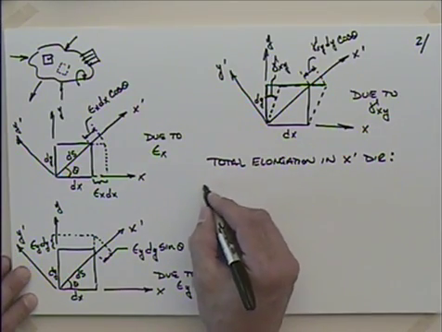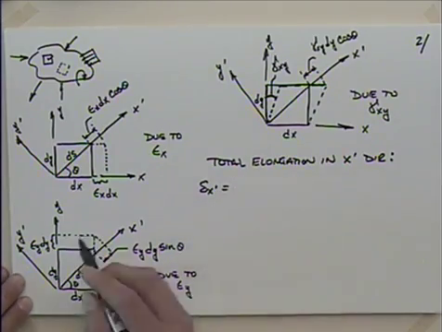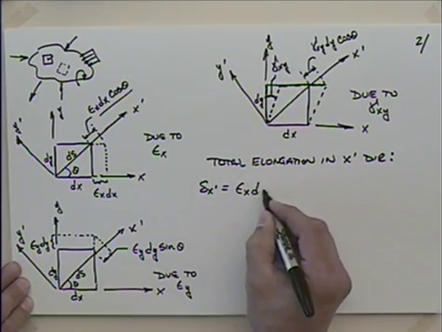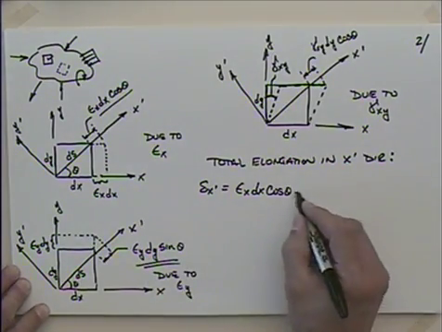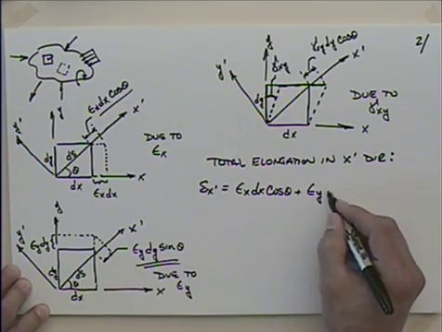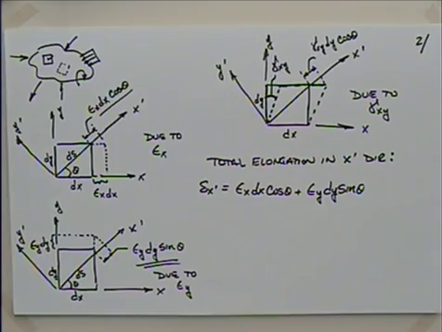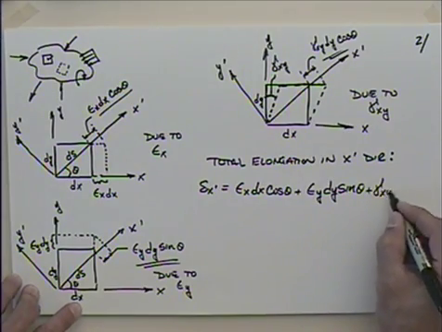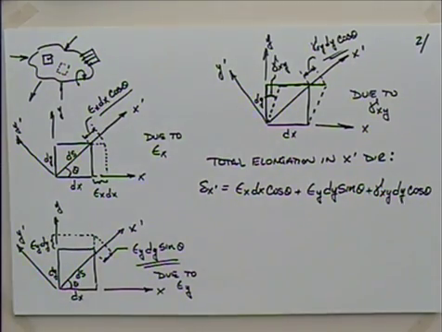So we can say that we'll call it maybe delta x prime is equal to, I'll take this piece here, epsilon x dx cosine theta, and then that piece there plus epsilon y dy sine theta, and they don't all necessarily have to be positive. I've taken them as positive, but they could be negative too. And then this piece here, plus gamma xy times dy times the cosine of theta.